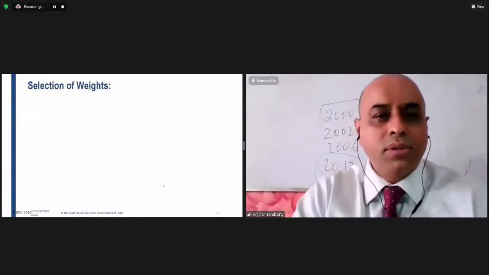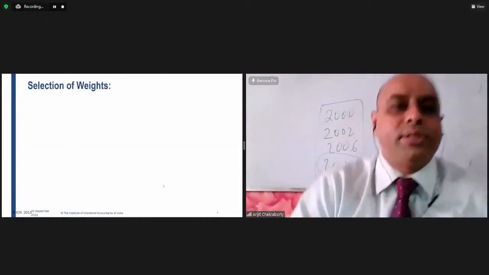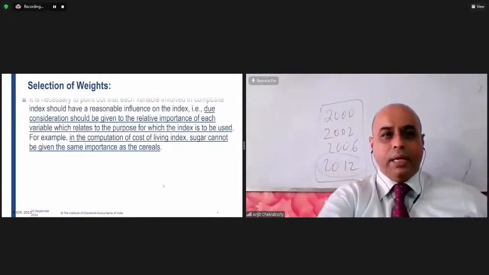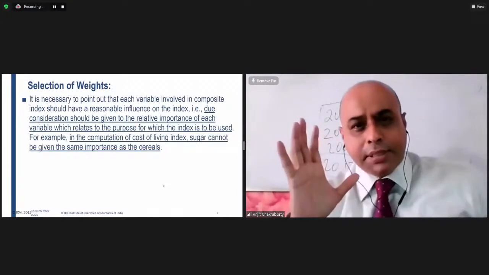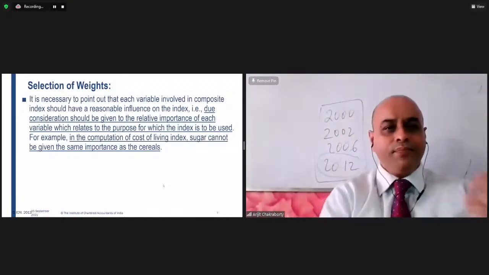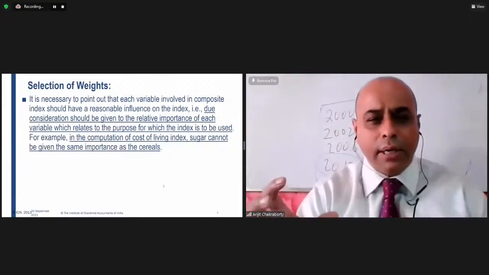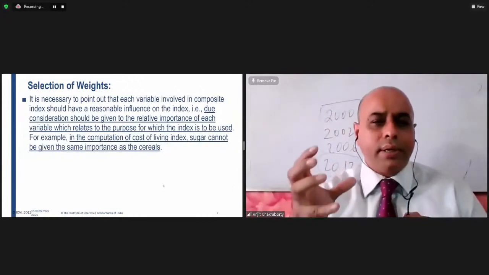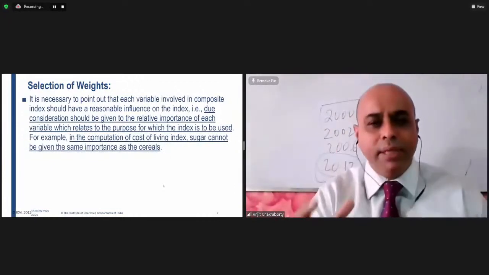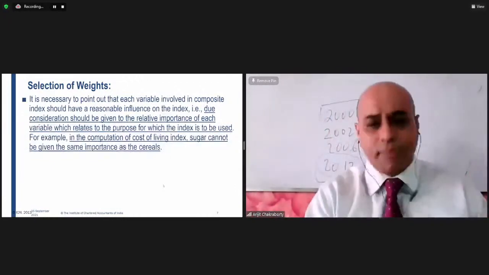Now, first and foremost, now we come to the next point, which is selection of weights. This is a very important part of our discussion. Now, it is very important to point out that composite index number means that we are considering number of items.